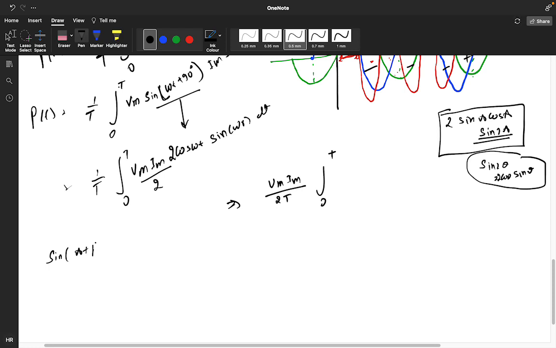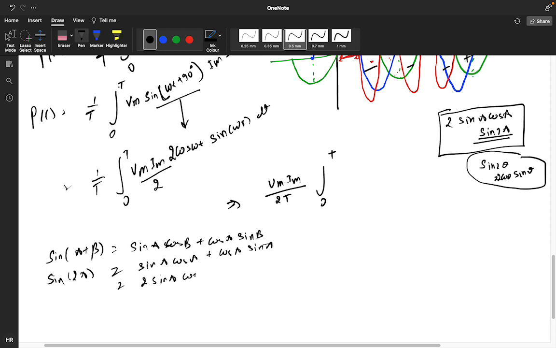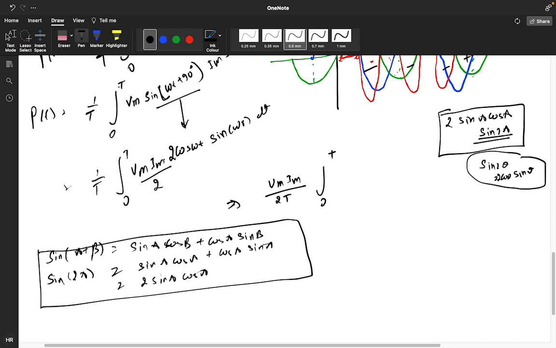Sine a plus b is sine a cos b plus cos a sine b. If you remember this formula, then substitute b as a only. Sine 2a will be sine a cos a plus cos a sine a, which is 2 sine a cos a. So this formula came from that.